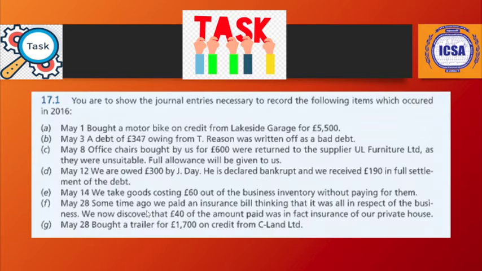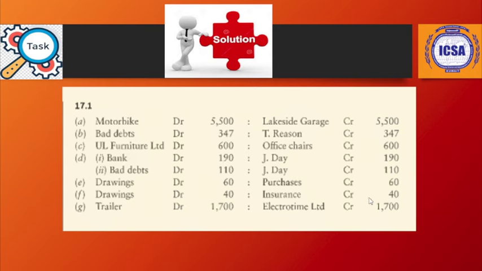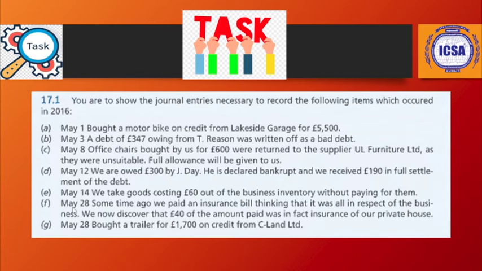Next entry, again it's a drawing entry because it was considered as a business expense but actually it was a personal expense. So personal insurance is charged as business insurance, so that expense is to be reduced as credit. So insurance is credit 40 and drawings is debited with 40.